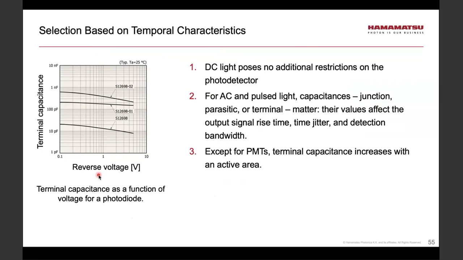So there we have a compromise when it comes to active area between the amount of signal, because smaller active area captures less light versus larger active area, and the bandwidth. So there's a trade-off between the two.